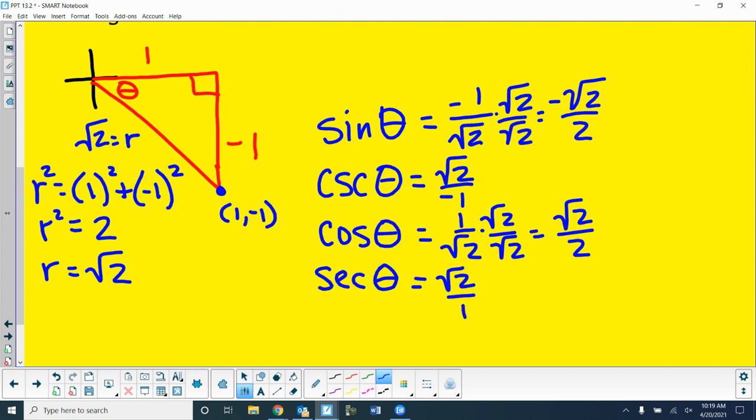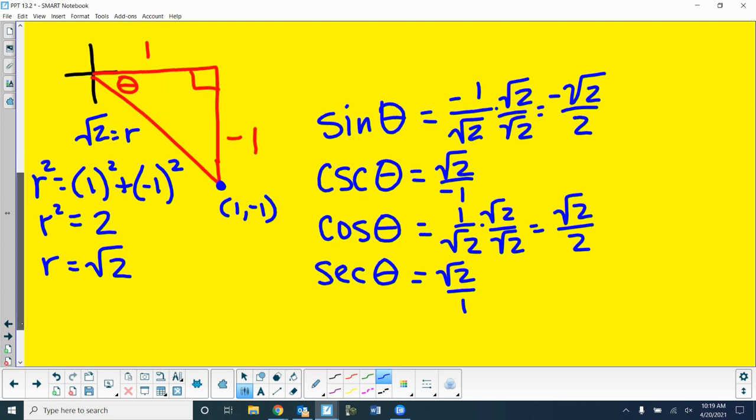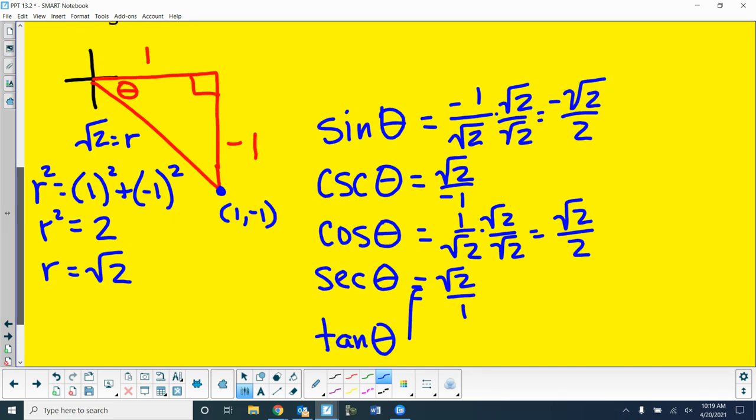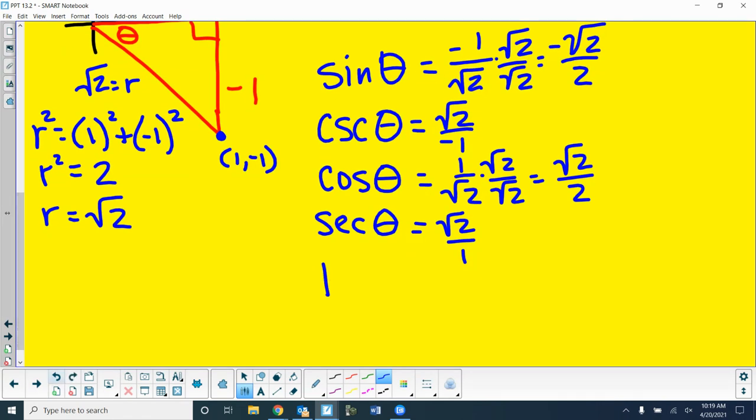Just do the original fraction; otherwise you have to rationalize again and reduce. The other 2 are tangent, which is opposite -1 over adjacent +1, and then cotangent would be the reciprocal. So there's all 6. Questions?